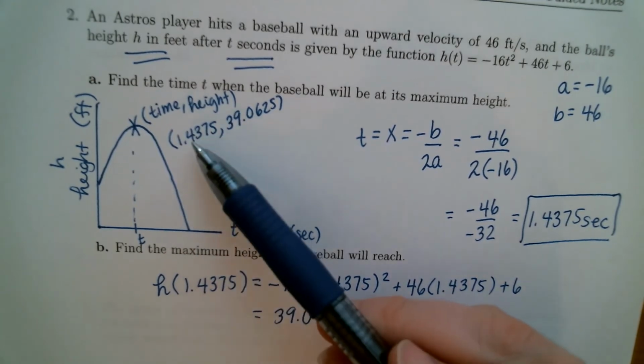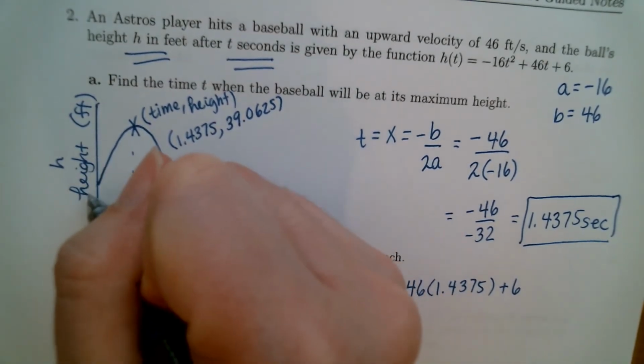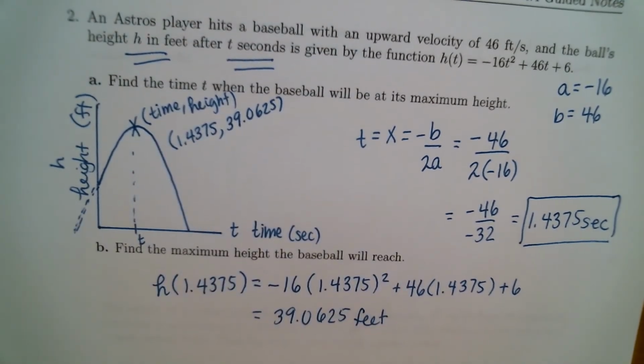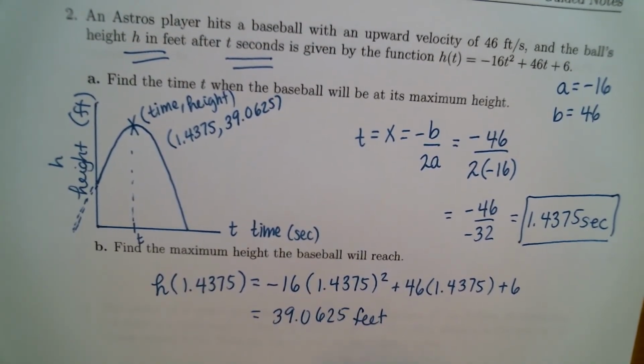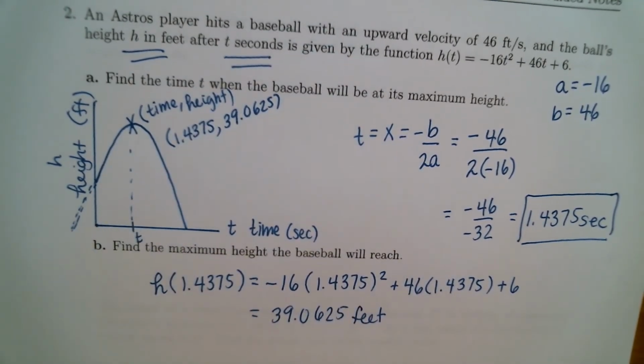Your first thought might be to double the time. You cannot do that here, because you do not have the entire parabola. We didn't start at the origin, so you can't just double the time.